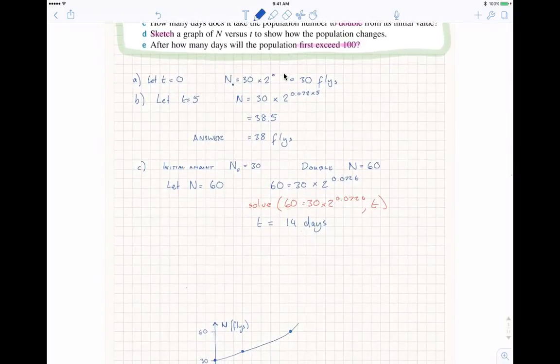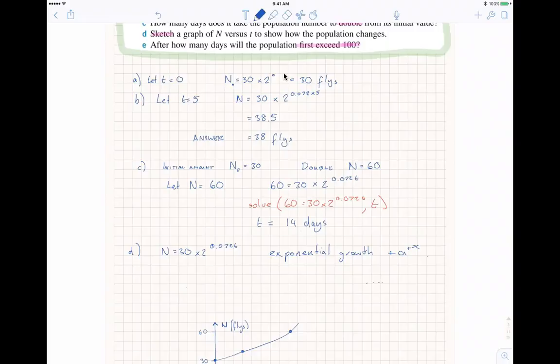Part D, we're asked to sketch the graph of n versus t to show how the population changes. We should recognize that this is exponential growth, because we have a formula in the form of a positive and a positive.